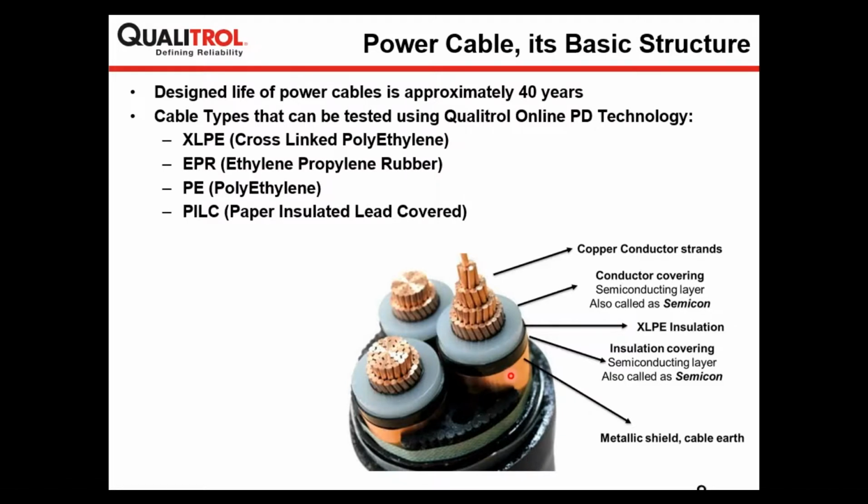Anything which happens in between the conductor and the metallic sheath, if there is any impurity or defect in the cable insulation or the conducting layers, will lead to partial discharges. Depending on the location of the partial discharge, it can be either an internal discharge or a surface discharge.